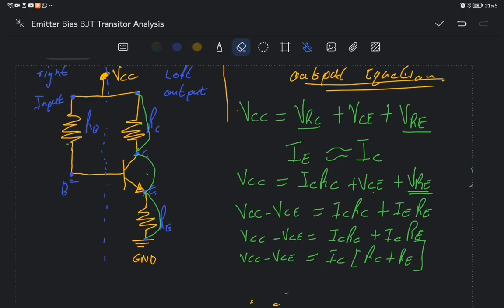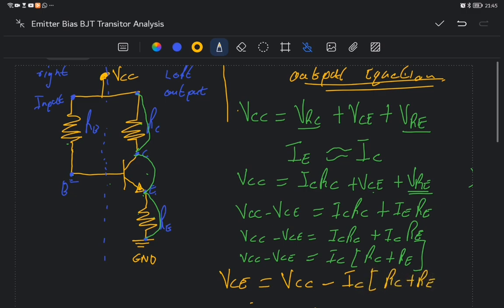Remember I said that VCE must always be the subject of the formula. Therefore I can say that my output equation is, let me write it with a different color, VCE is equal to VCC minus IC into RC plus RE. And that is my final output equation.